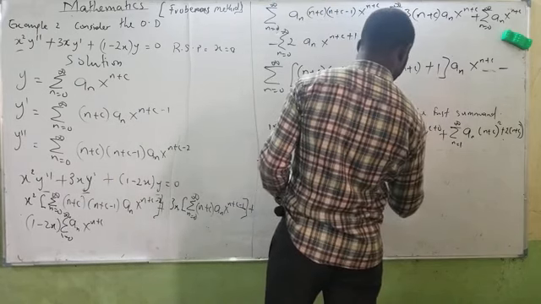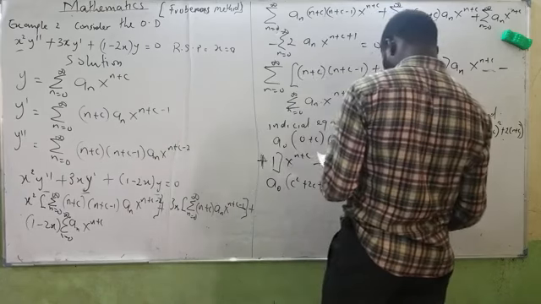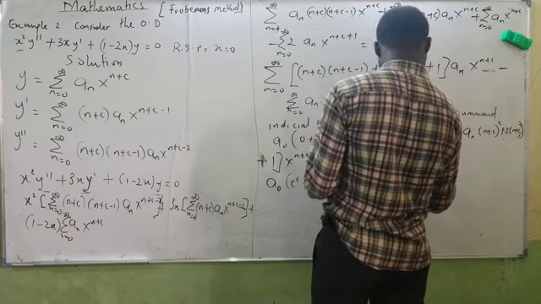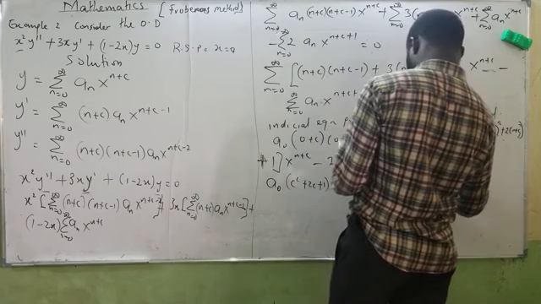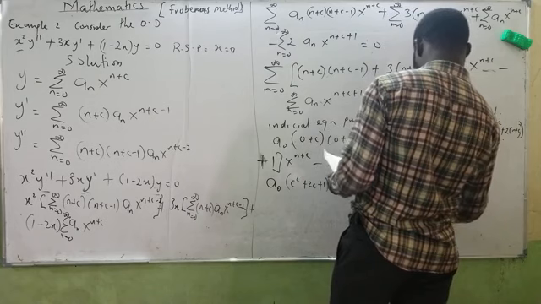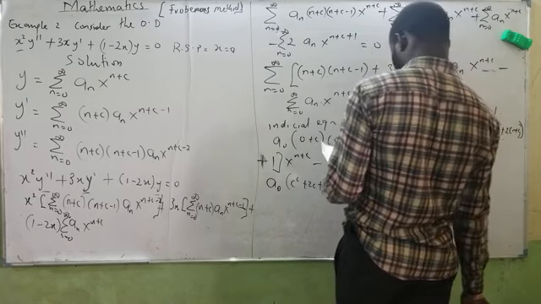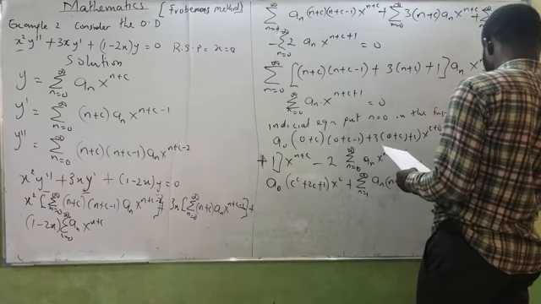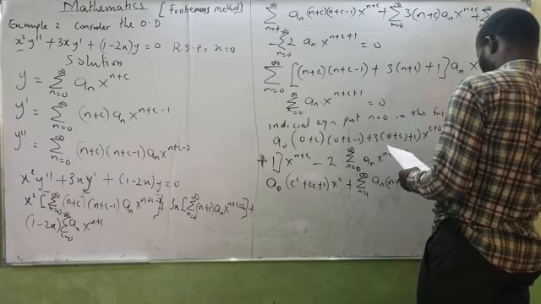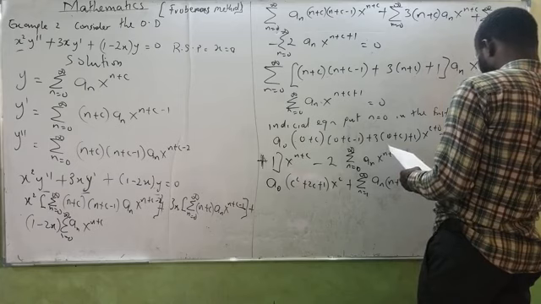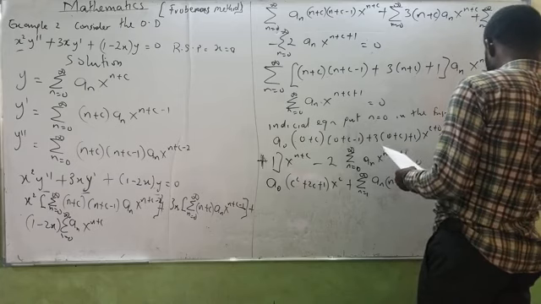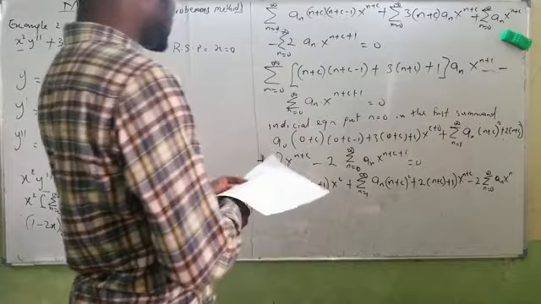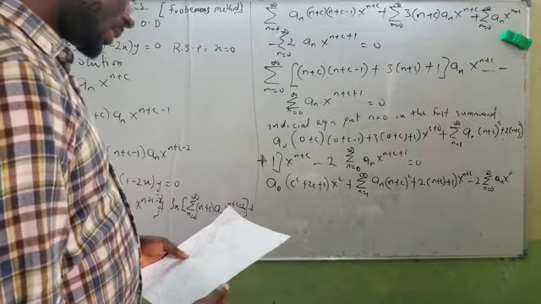I factor that n plus c bracket squared, and plus 2 bracket of n plus c plus 1 brackets x to the n plus c, minus 2 summation of n equals 0 to infinity, and a of naught x to the n. Now, if I am to shift this because of space, what can I do to make that to be 1?